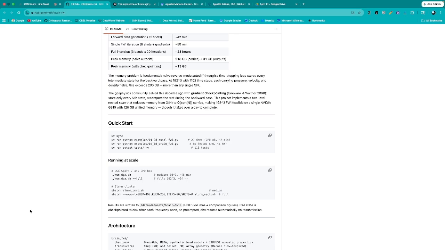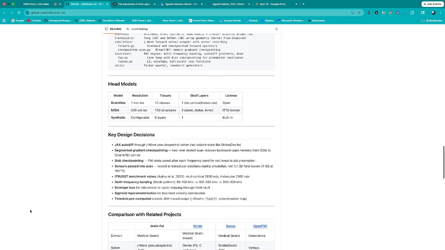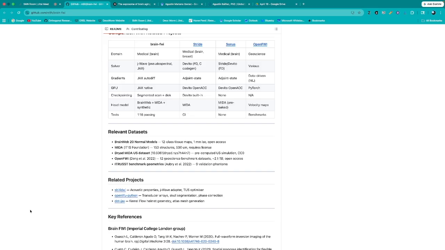At even medium resolution I'm getting out of memory errors. And so this is really interesting.